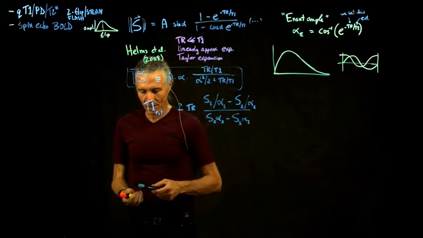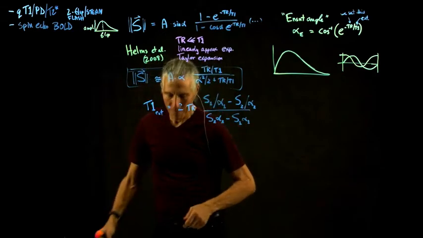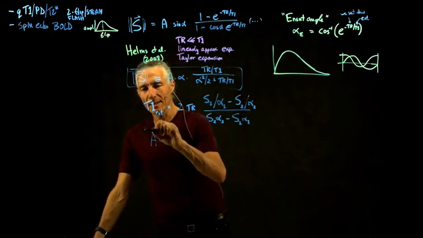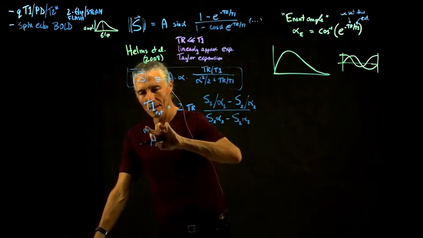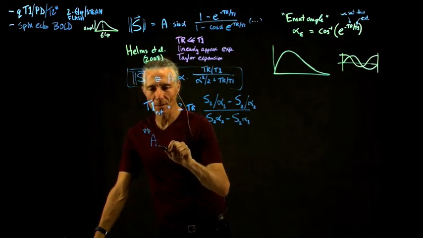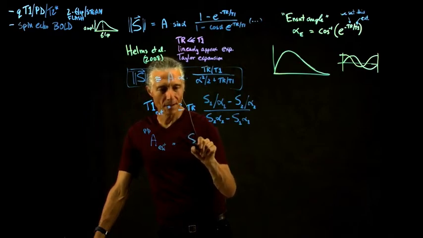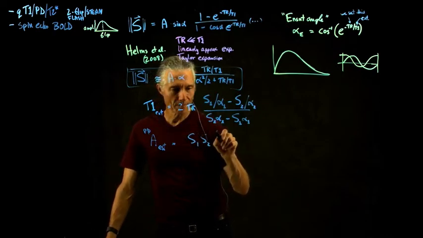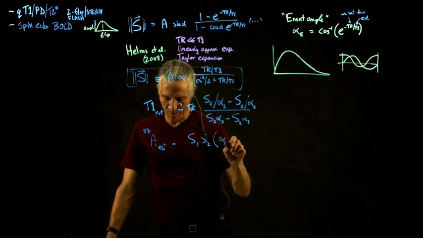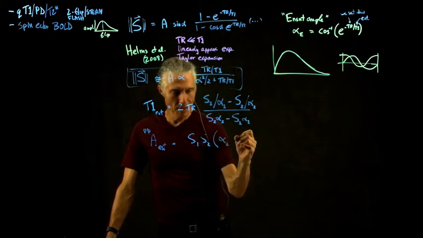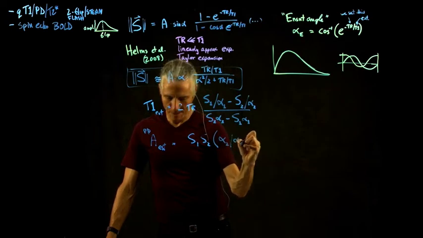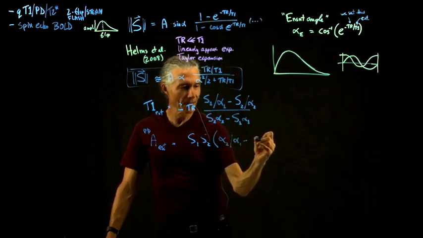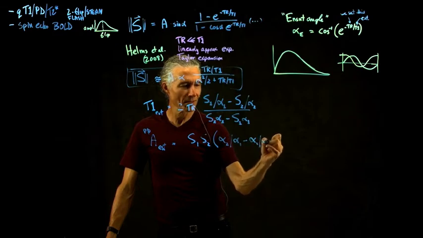And then we can similarly solve the equation for our proton density. So proton density estimated equals signal 1 times signal 2, and this is where the error was in the Helms paper that they eventually corrected, over alpha 1 minus signal 1 over alpha 2.